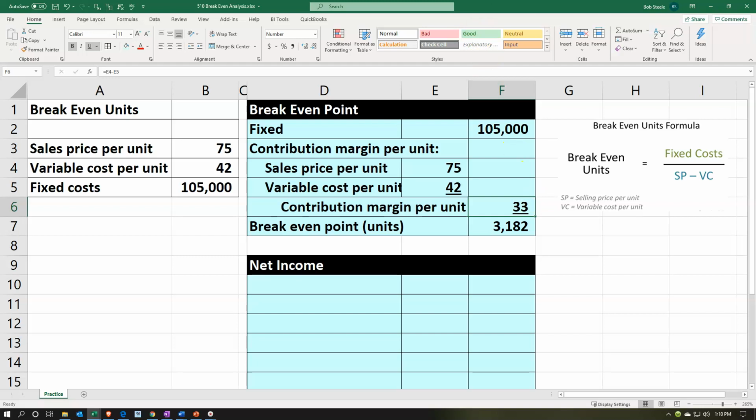Now, what if we were to prove this? We can prove this now, of course. We can say, let's do our income statement. Now, when we start to do our income statement, I'm going to calculate net income, and I'm basically going to do an income statement, but rather than doing a normal income statement, sales minus cost of goods sold, gross profit, minus operating expenses, so on and so forth, we're going to break it out into what I would call a contribution margin income statement, which is basically breaking out the income statement by activity, behavior of the costs, which again, you will not see if you're outside of the company.